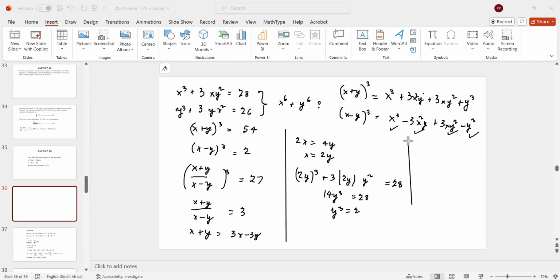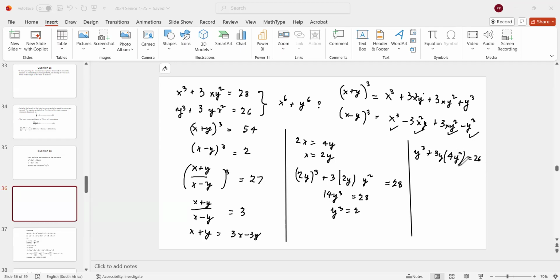Okay, we can do the same thing for the second equation. I can substitute x equals 2y in the second equation. The second equation has got a y cubed as a starting point. I'm now going to replace the x's. So I've got y cubed, and here I've got 3y, and x is 2y, so I'm going to replace x squared by 4y squared. Right? And that is 26.